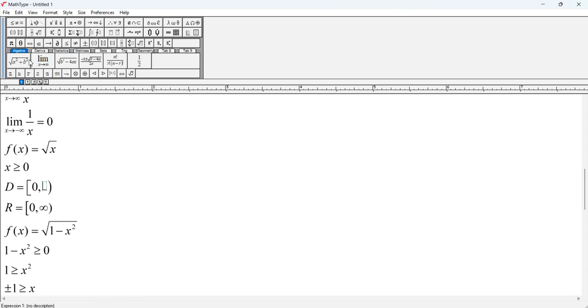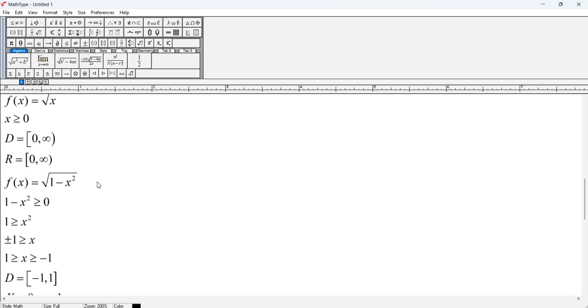The domain is from 0 to infinity and the range is from 0 to infinity.